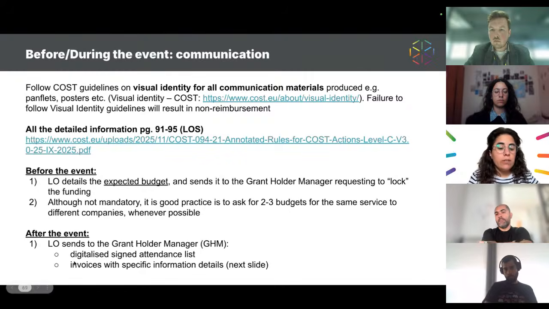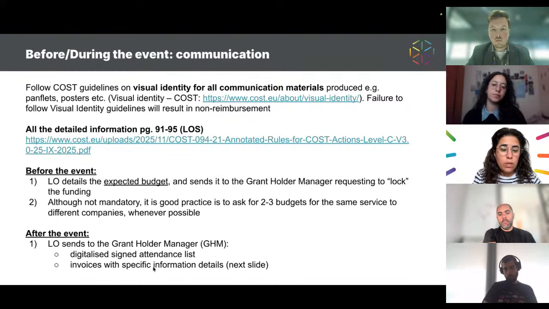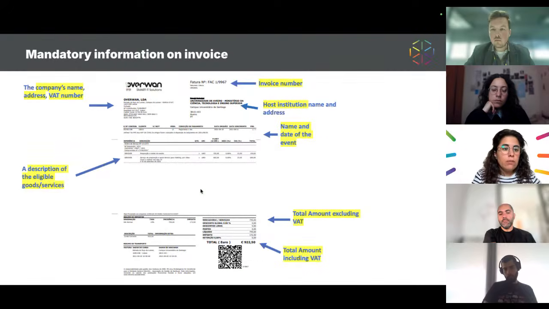And then after the event, do not forget to digitalize the signed attendance list and provide invoices with specific details. The invoices should have the company's name, address, and VAT number. So if you are buying refreshments from a company, you should have the name of the company, the address and the VAT number, and the description of the eligible goods and services.